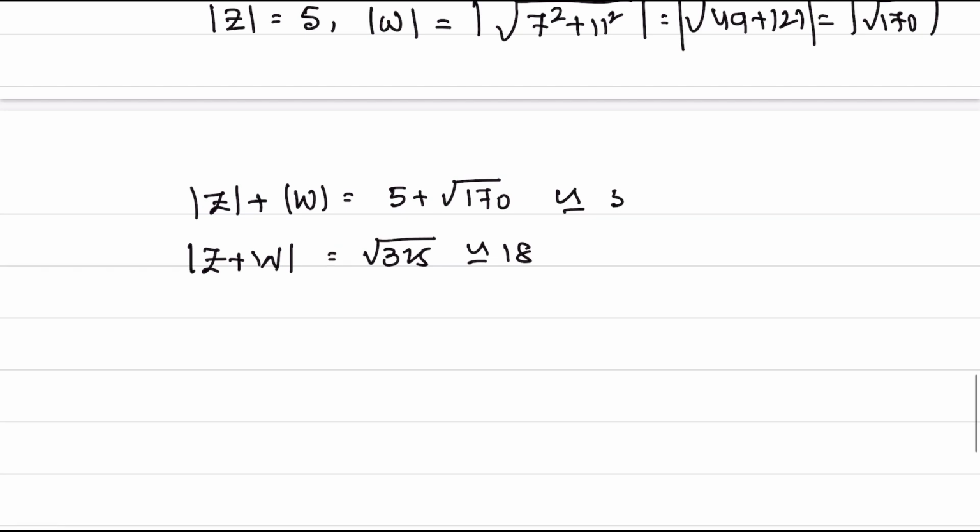5 plus 165 is 13. 13 plus something. Square root of 170 is 13.038, if we want to be accurate. Square root of 325 is 18.027.